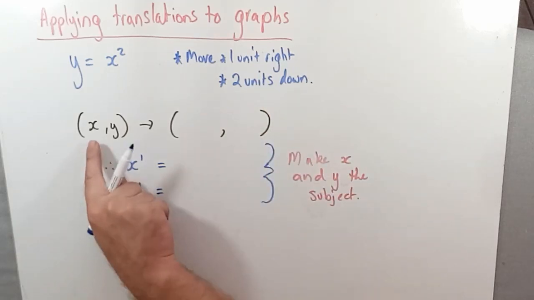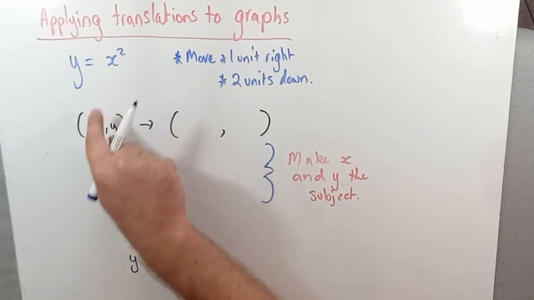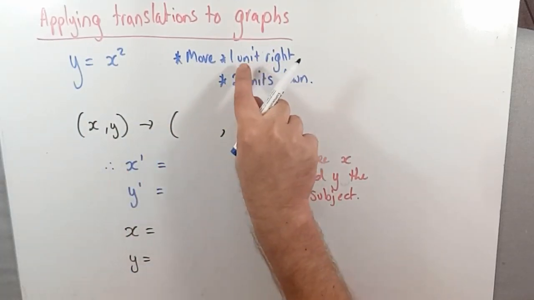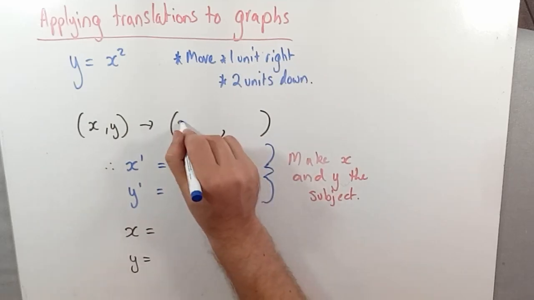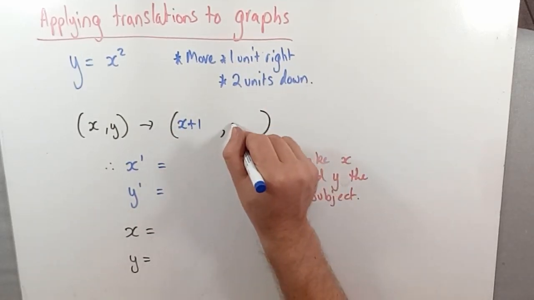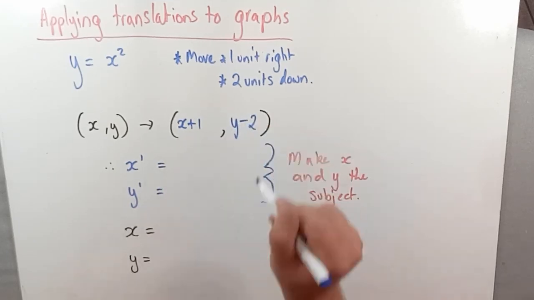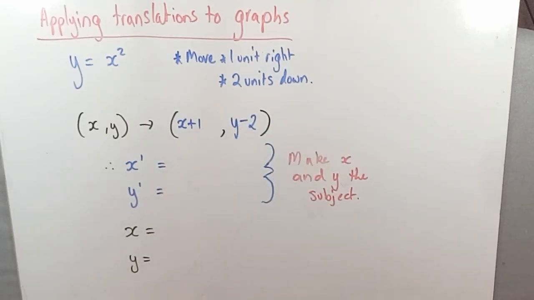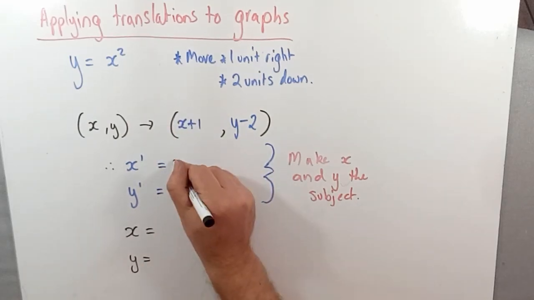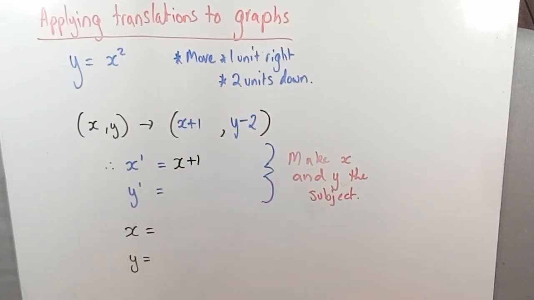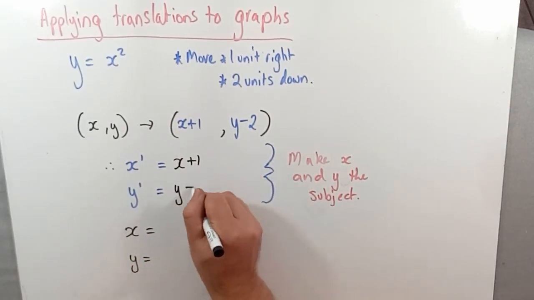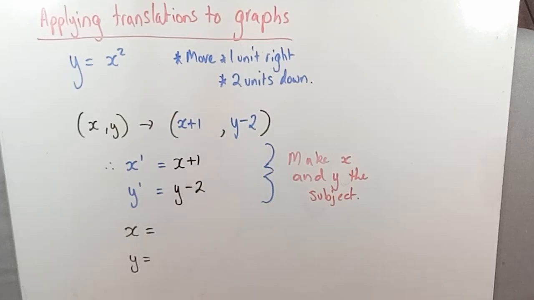Okay, so we're going to start with all our points on our xy, and we're going to map them so they go 1 unit to the right, so x plus 1, and then 2 units down, so y minus 2. Okay, so our x image is x plus 1, and our y image is y minus 2.